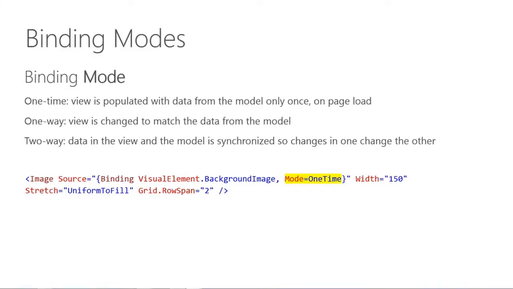There is also the concept of a binding mode, and there are three key modes that you need to think about. It is important to the performance of your app that you implement only the mode that you require. The one-time mode moves the data from the binding source to the binding target once and once only, when the page is loaded.